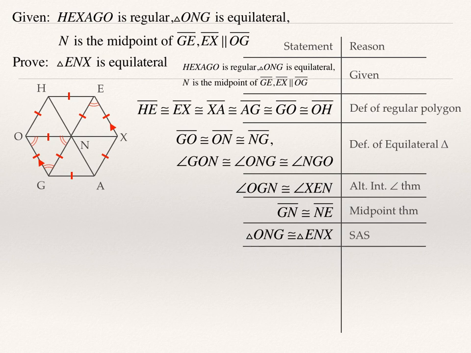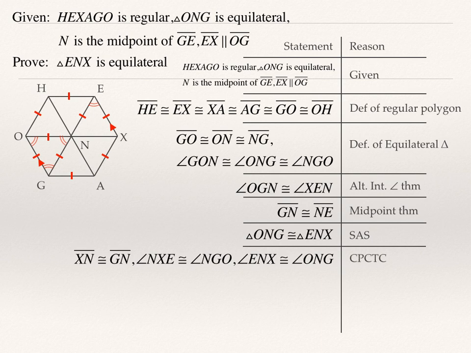And of course, that means the missing pieces, angle ENX, angle EXN, and side NX, can all be labeled as congruent to their corresponding parts in triangle ONG. We can, of course, use CPCTC. And once I label that, and I see that my sides are all congruent and my angles are all congruent, well, clearly, I have this statement.